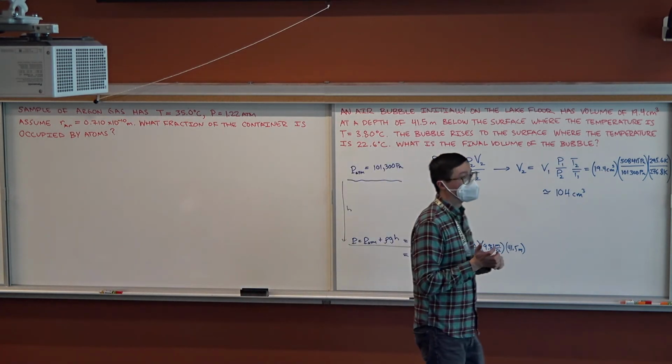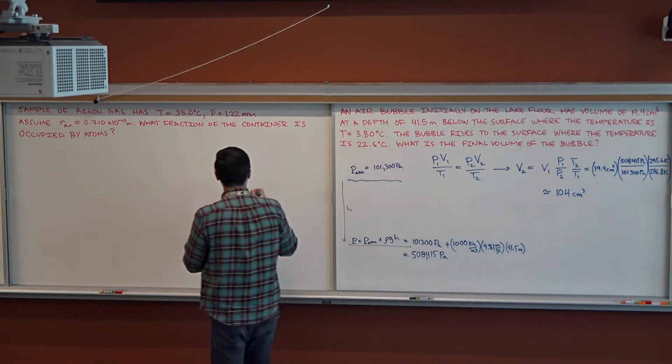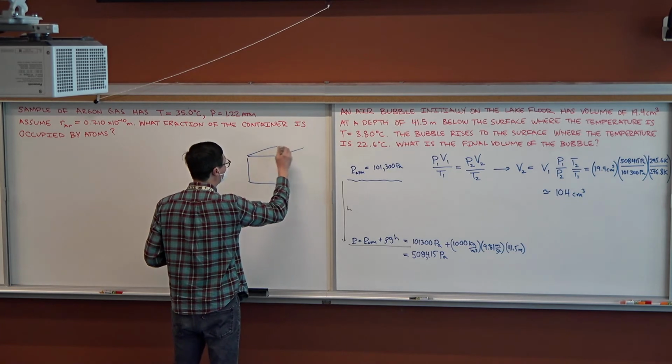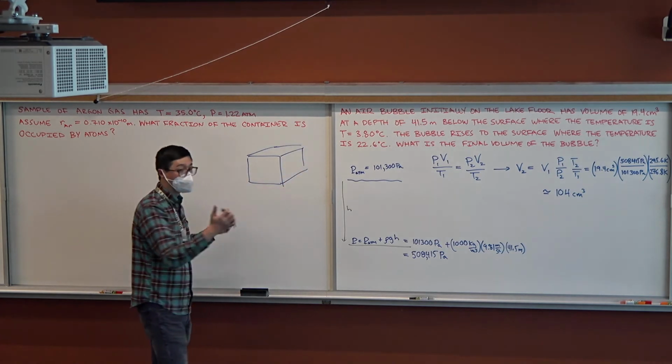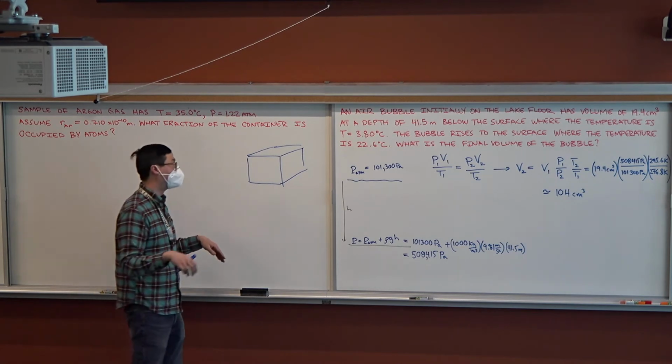So you want a volume? I want to know, so you have some box. Doesn't have to be a box, could be a cylinder, I don't care. Could be a sphere, could be whatever you want it to be.